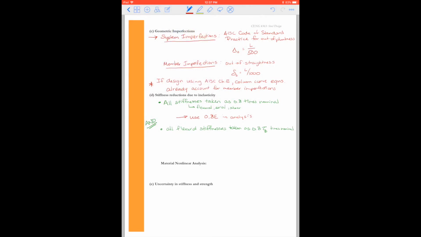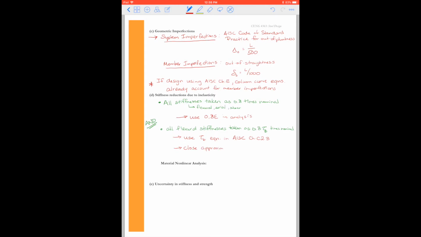If we want to do this, we can directly use the tau equation in AISC, which is found in Chapter C2.3. But to use this equation, we actually need to run a first order analysis, figure out what the axial forces are in these different flexural pieces, and then come back and change each of those members individually.